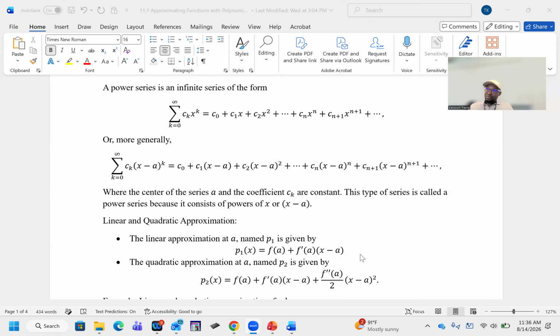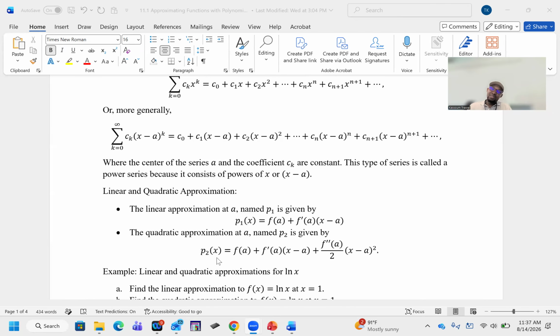And the quadratic approximation at a, named P sub 2, is given by P sub 2 of x equals f of a plus f prime of a times x minus a plus the second derivative of f at a divided by 2 times x minus a squared.